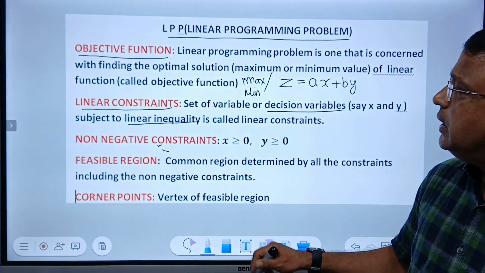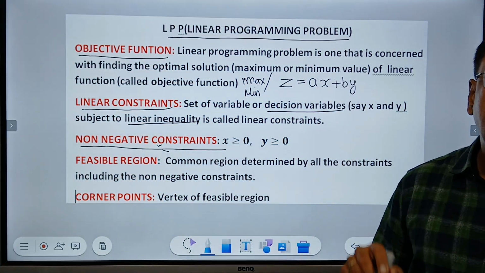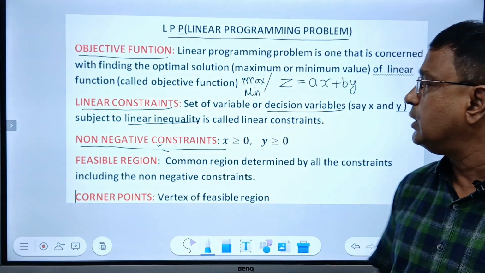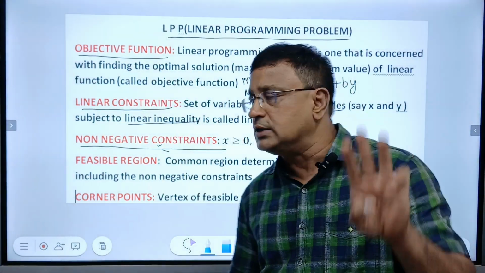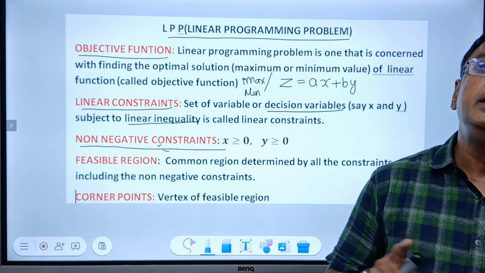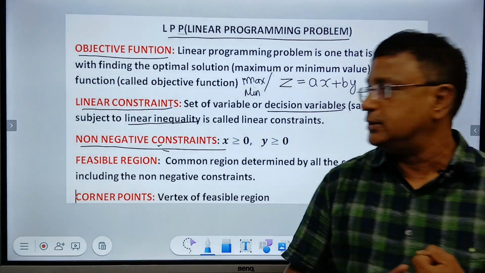And finally, an LPP should have a non-negative constraint. Every LPP should have x greater than or equal to 0, y greater than or equal to 0. So an LPP should have 3 things. First one is the objective function, second one is the linear constraints, and third one is the non-negative constraint.